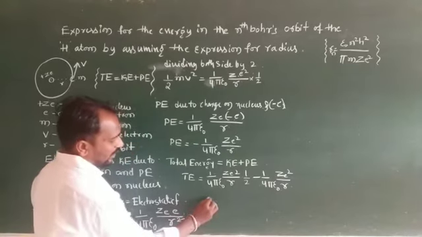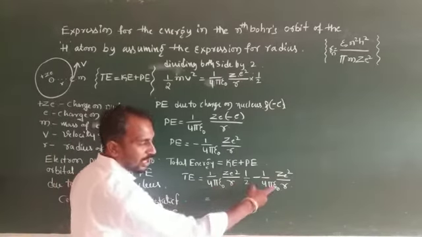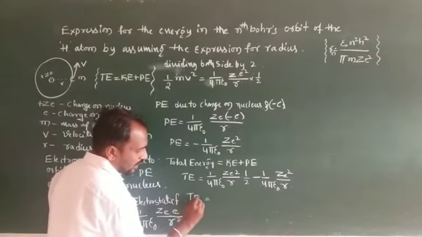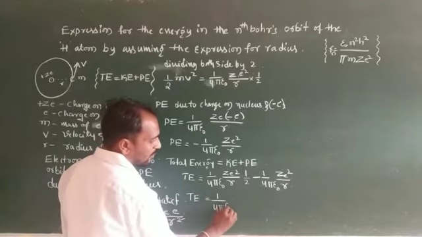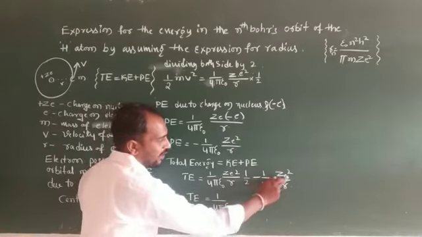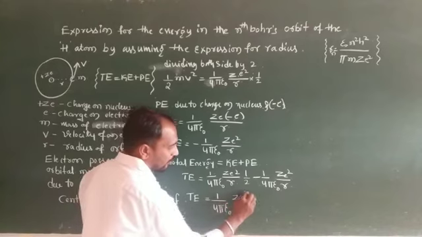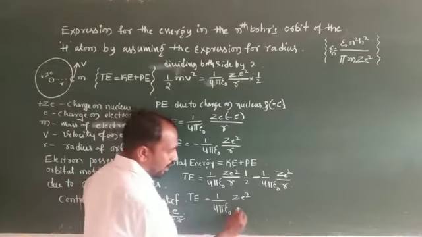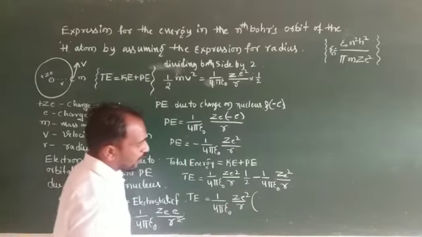Here we take the common factor 1 by 4 pi epsilon naught. So the total energy is equal to 1 by 4 pi epsilon naught, Z E square is common, and R divided by R, into bracket.